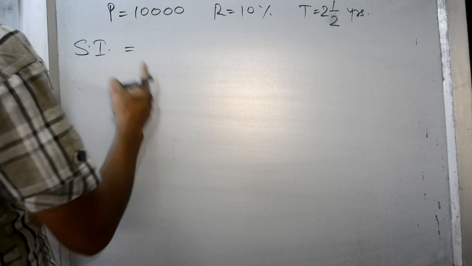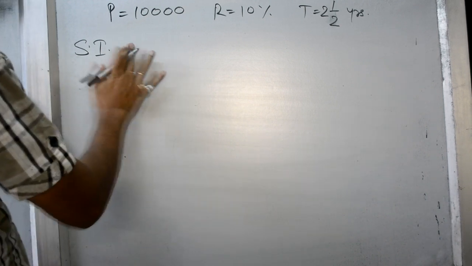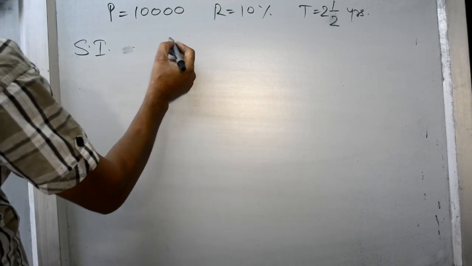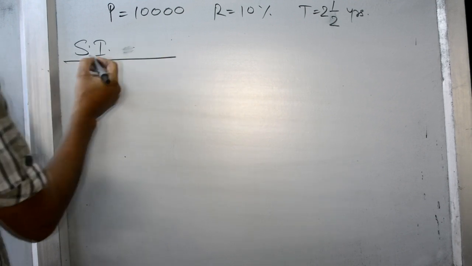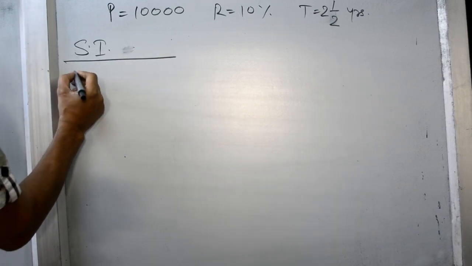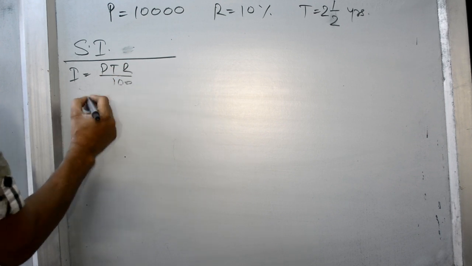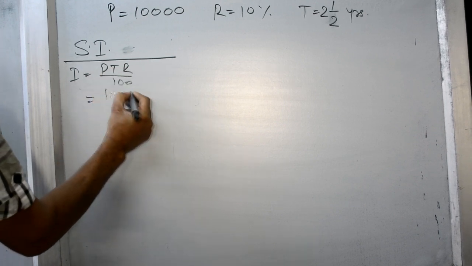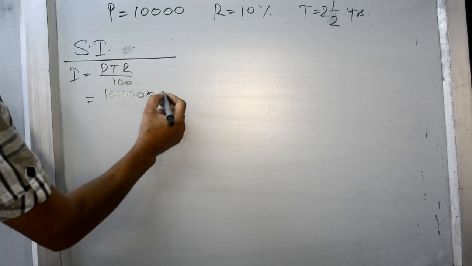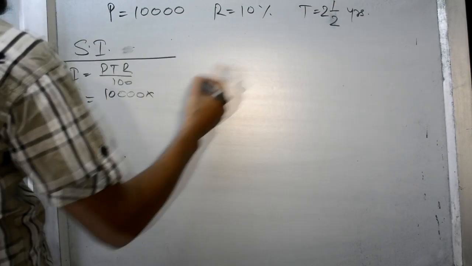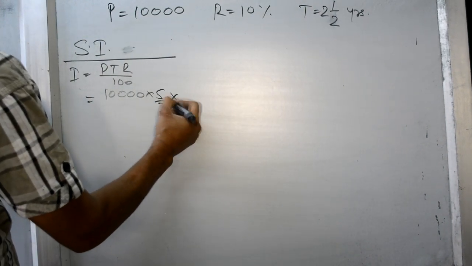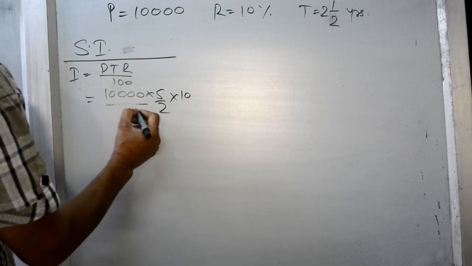If I am going to find out the simple interest, I am making a tally over here. Simple interest is equal to PTR upon 100. Principal is 10,000. Time is 2.5 years, that is 5 by 2 years. Rate of interest 10 upon 100.